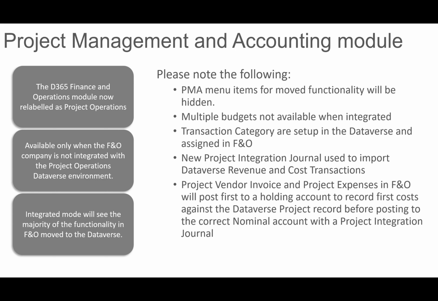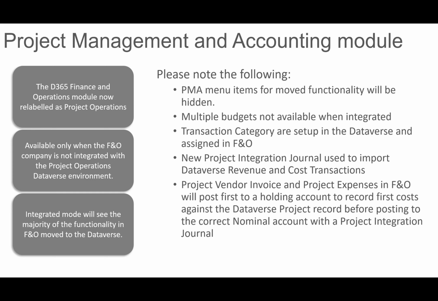Another important note is when we raise a project vendor invoice, i.e. a vendor invoice that has a link or costs need to be allocated to a project, or we are raising expenses that go to a project within the finance and operations F&O world, this will first post to a holding account.